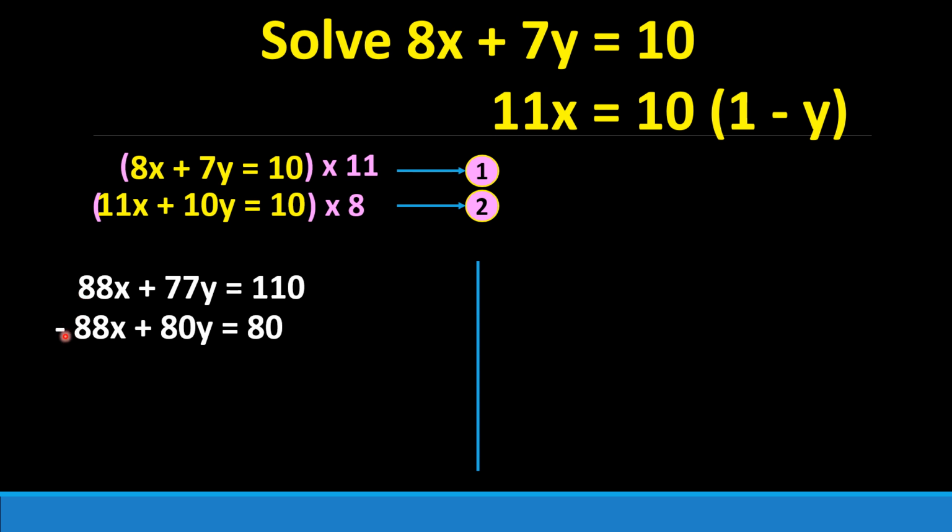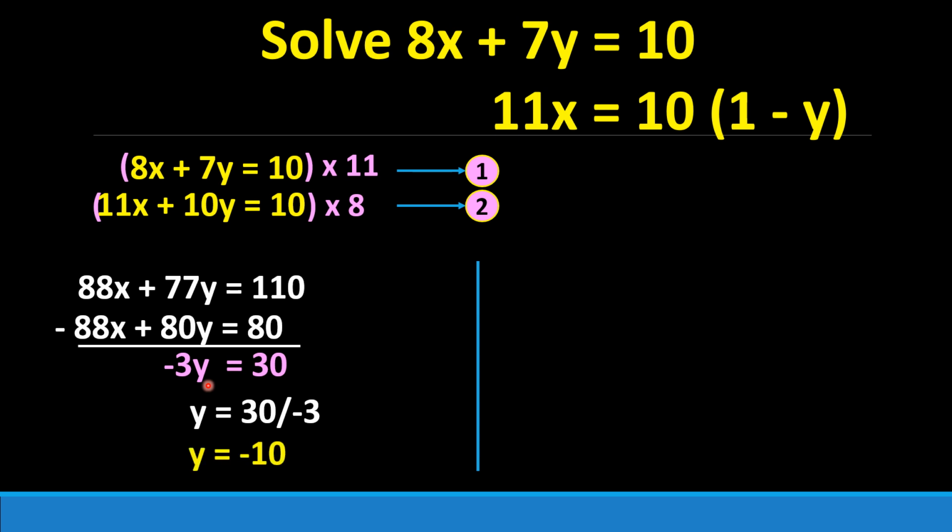Now let us see what happens when we are subtracting. 88x minus 88x will be 0, and 77y minus 80y will be minus 3y. 110 minus 80 will be 30. So y is equal to 30 divided by minus 3. Hence y is equal to minus 10.